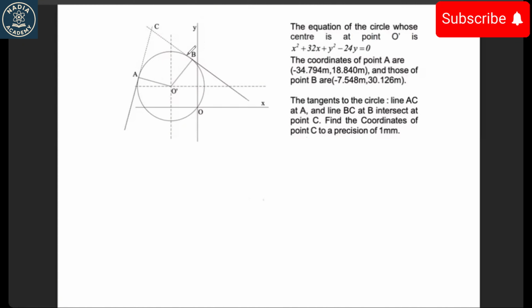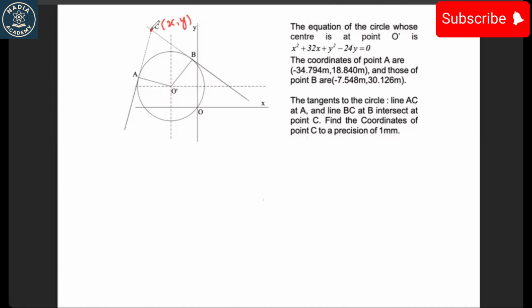First of all, we know the equation of this circle, and we need to find the coordinates of C, that are x and y. If you look carefully, this C is a common point, the point where both of these tangents, AC and BC, intersect.